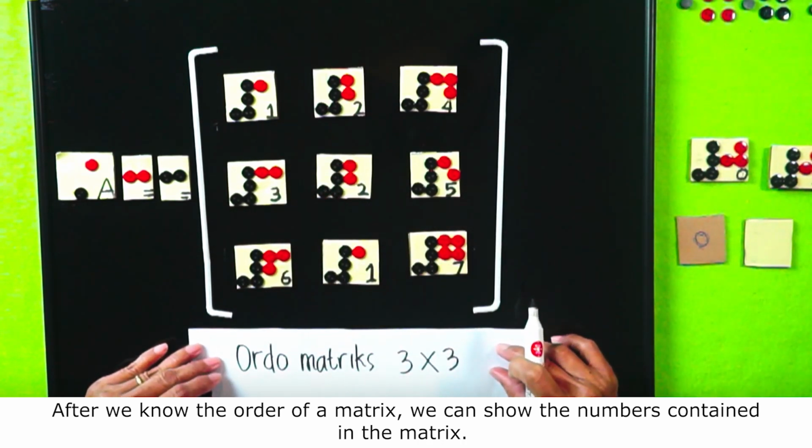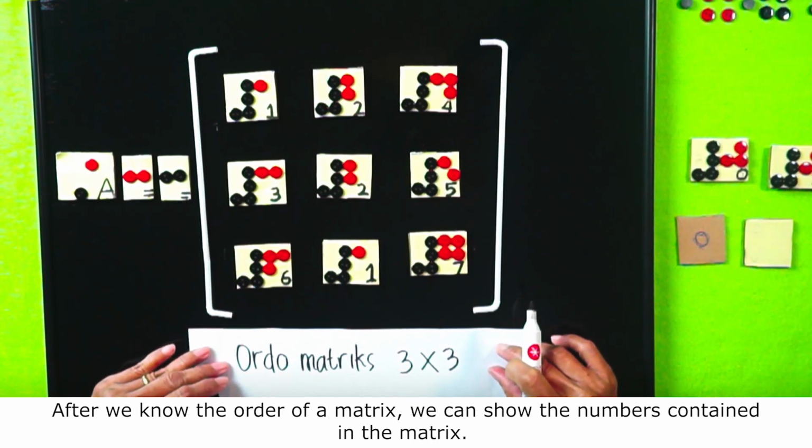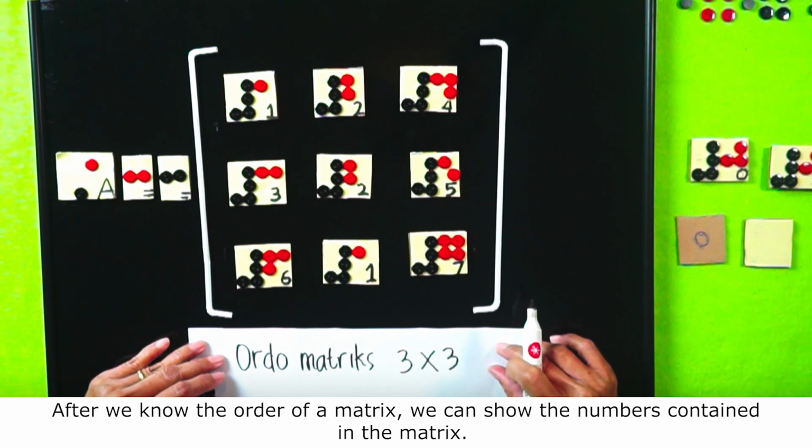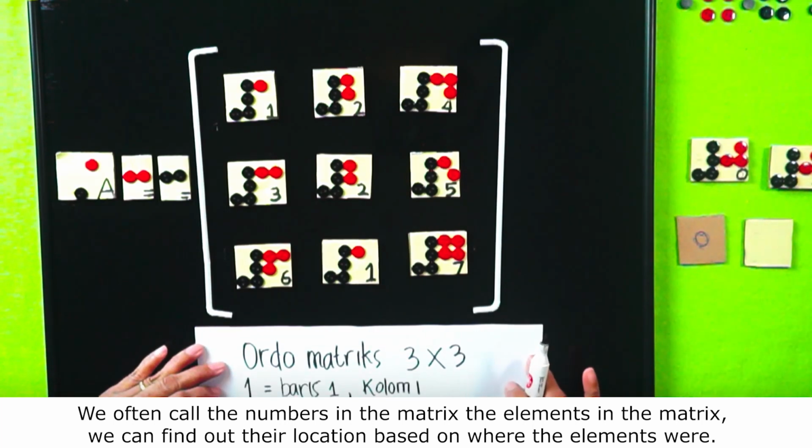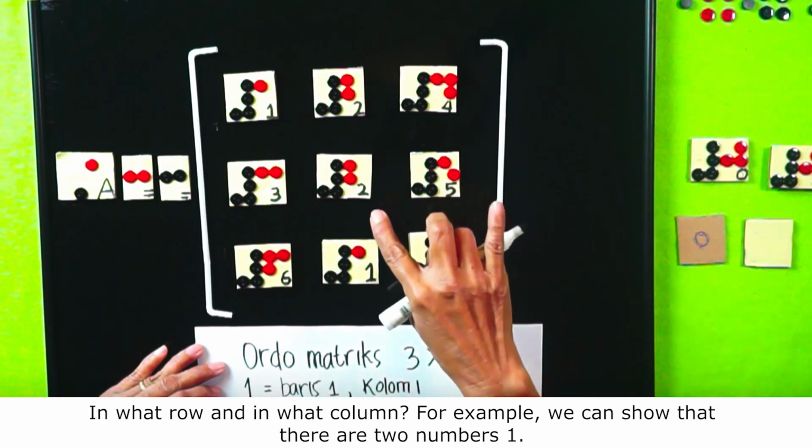We often call the numbers in the matrix the elements in the matrix. We can find out their location based on where the elements are, in what row and in what column.